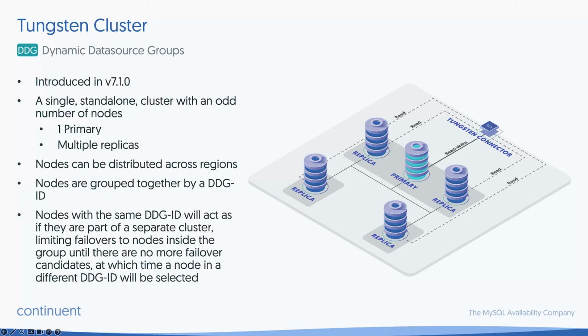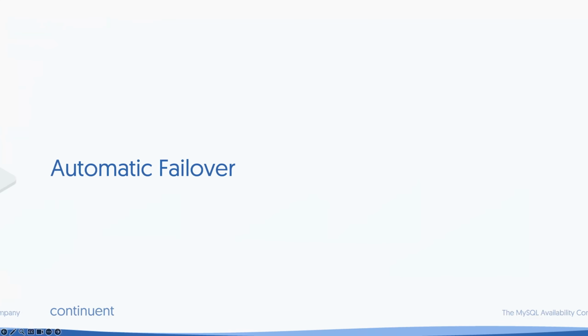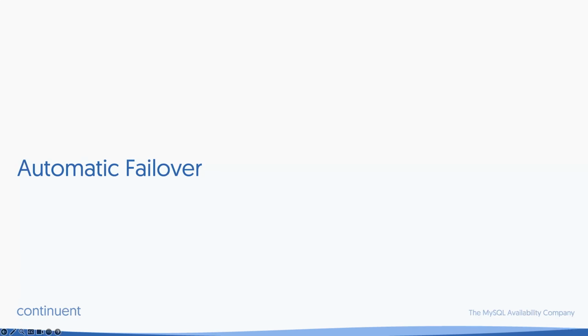In this instance, should the primary fail, we would only consider the replicas within the same data source group as a candidate for primary. And only if all of those nodes were unavailable would we promote a node in one of the other data source groups. Now that we understand the topologies, let's take a quick look at how failover works.